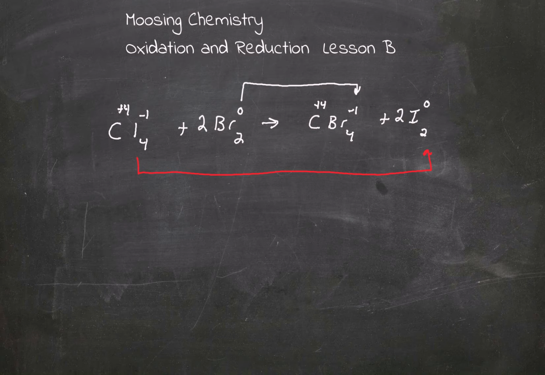All right, so now let's go ahead and write this out here, okay? So first of all, we go 2Br at 0, and it's going to gain an electron. So you're going to add 1 electron to it, and that's going to give me, of course, over here, 4Br -1, okay?